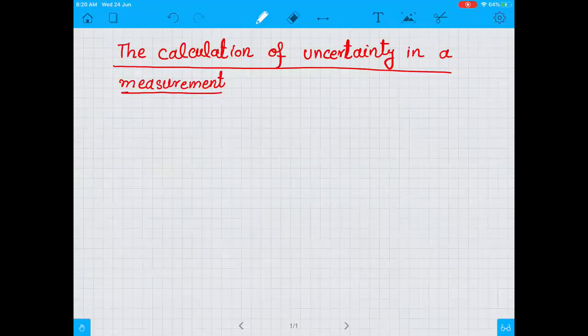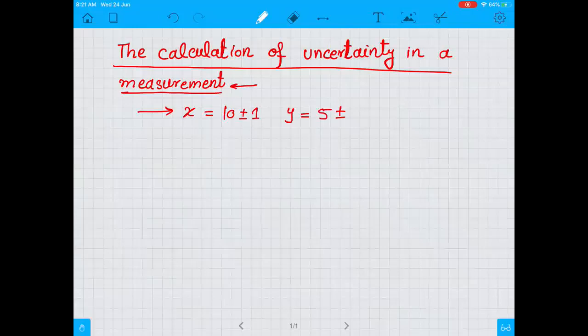The first thing that we need to understand is what is the basic principle. Let's suppose you're given two numbers x and y. Number x is 10 plus minus 1 and number y is 5 plus minus 2.